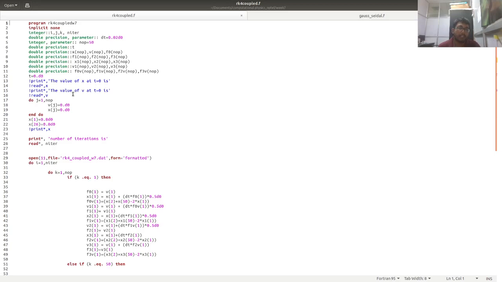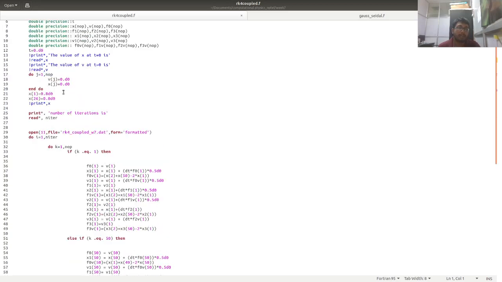And I have given the initialization: we have a loop running for each one of the particles, and initially I am taking all of the values in the velocity as well as displacement arrays to be 0, and then I redefined the displacement for the first and 26th particle to be 0.8 as per the question.